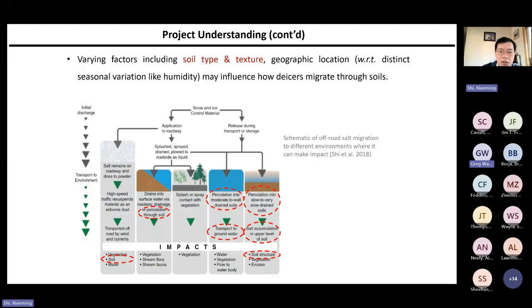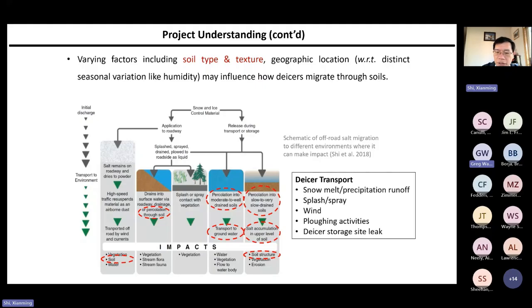But when it comes to how these deicer products or constituents migrate through roadside soil, the factors can include soil type and texture, geographic location, especially when it comes to variations such as humidity and temperature. All these factors could affect how they migrate or how fast they migrate.